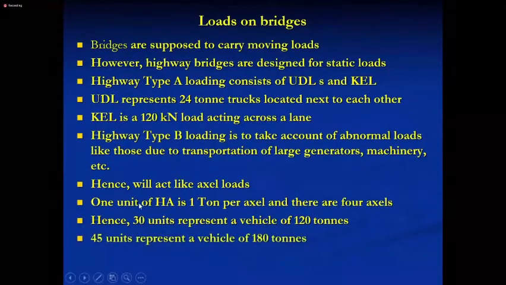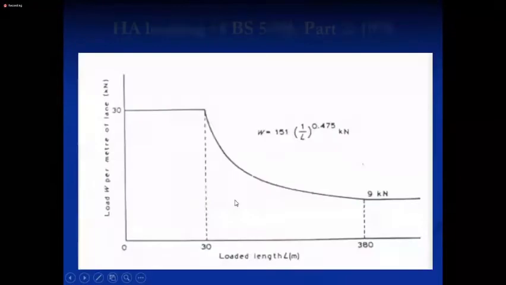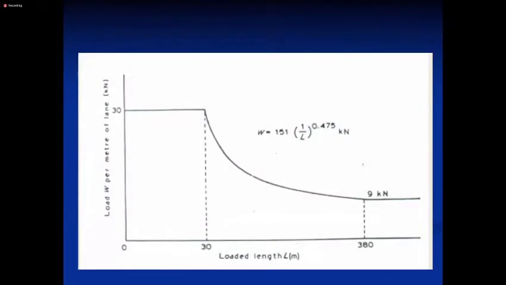So this has to be 1 to HB is 1 ton, not 1 HA. So this is one of the loadings that was used earlier. And from this point onwards, this 30 refers to 24-ton trucks, one after the other.